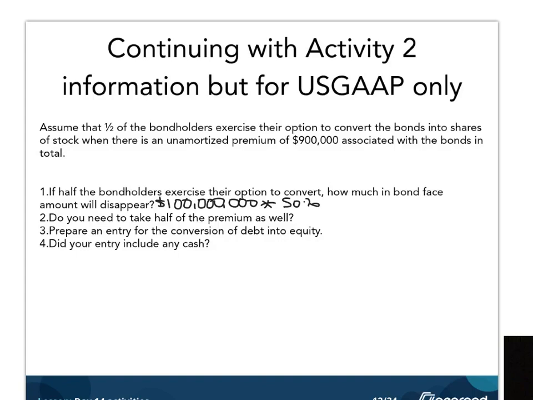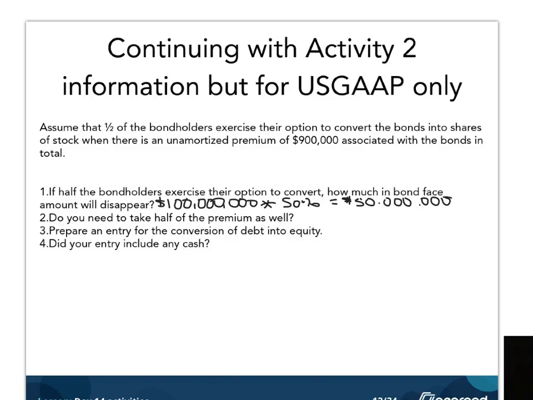So if 50% of the people exercise their option to convert, then 50% of that face amount is going to disappear. In other words, there's no longer an obligation to pay interest or cash on 50 million of those bonds because they've been turned in.